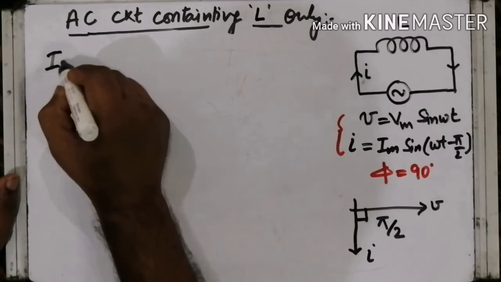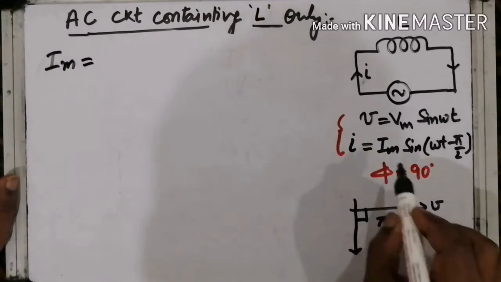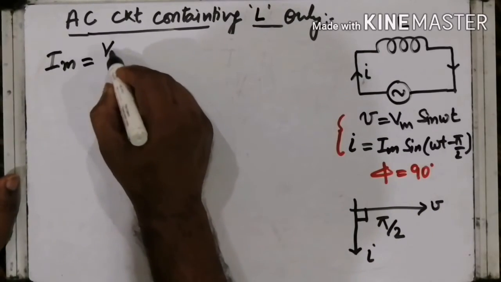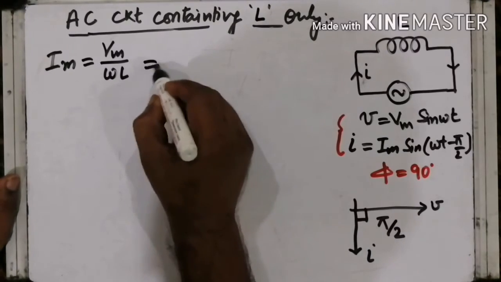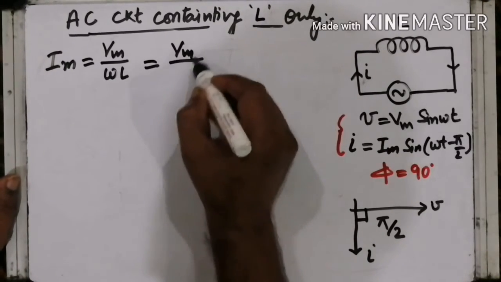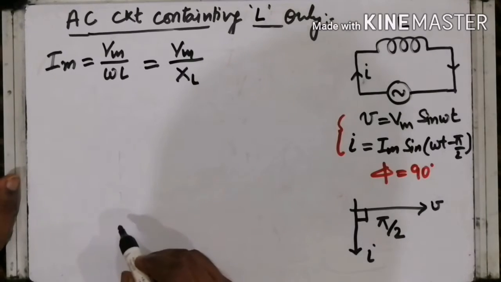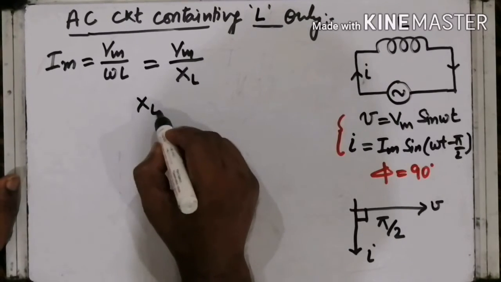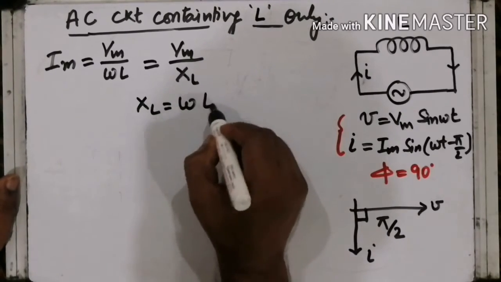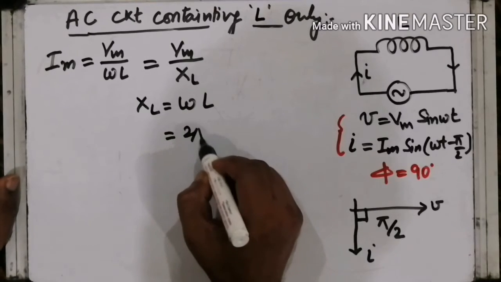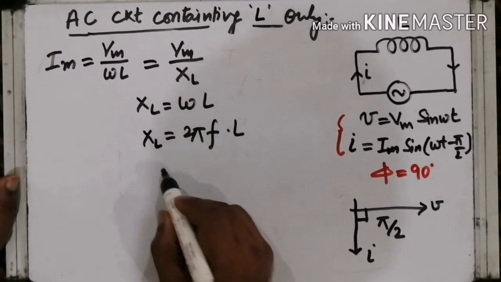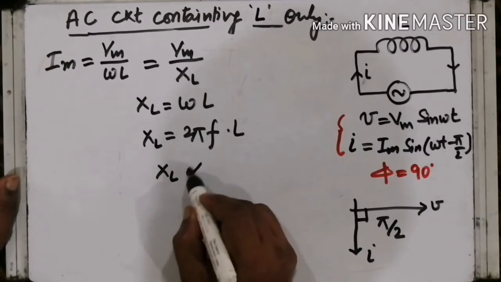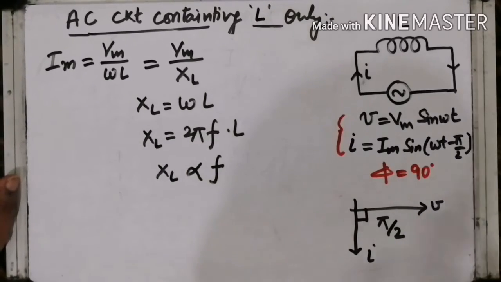Now see Im, which is nothing but Vm divided by omega L, which is nothing but Vm divided by XL. It means that XL is equal to omega L. Omega is 2 pi f into L, and XL is proportional to the frequency.